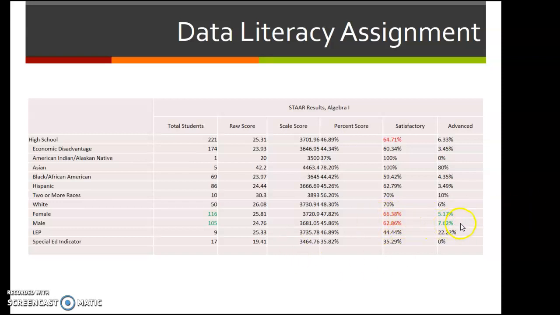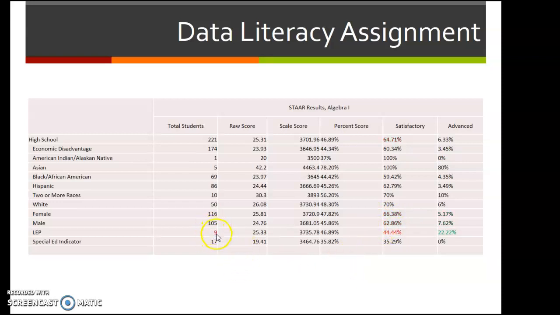So even though they have a high percentage of advanced pass rate, they overall were scored lower than the females. So it may be worth looking at those lower performing males and finding out what might need to be done.